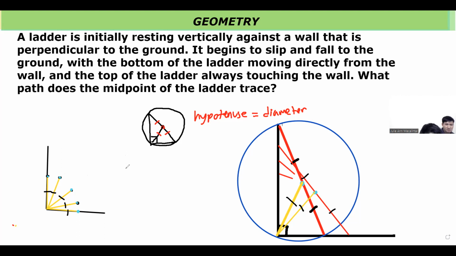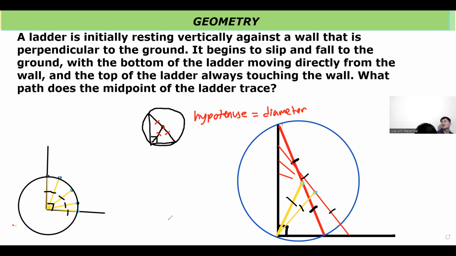The definition of a circle is that it is the locus of all points that are equidistant from a single point. And it appears that this midpoint is equidistant from the intersection. So what is this curve? The length of the yellow segment is half of the hypotenuse. Since this must be part of a circle, and since this angle is 90 degrees, that's a quarter circle.